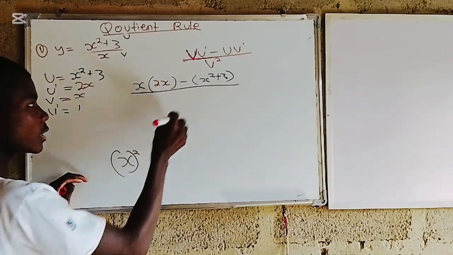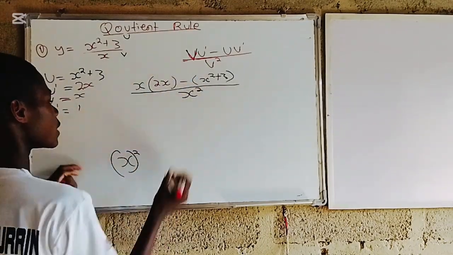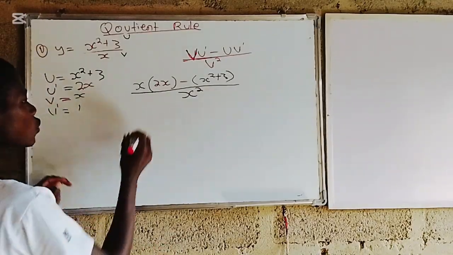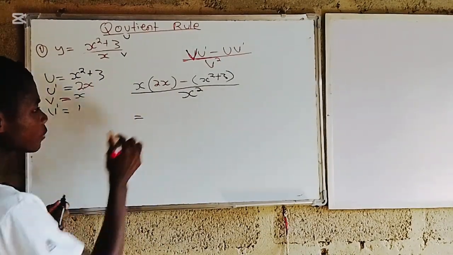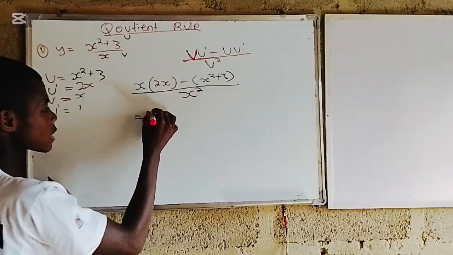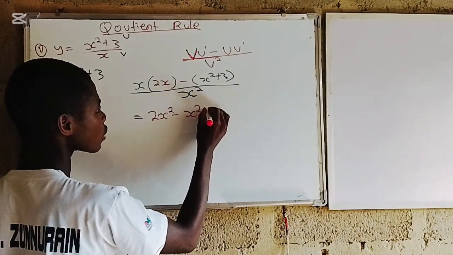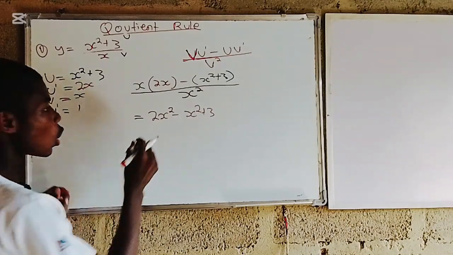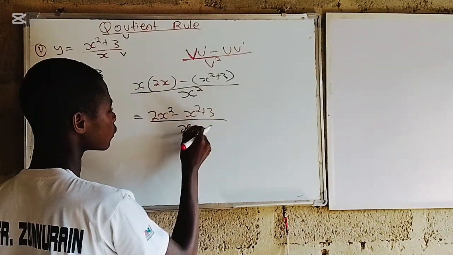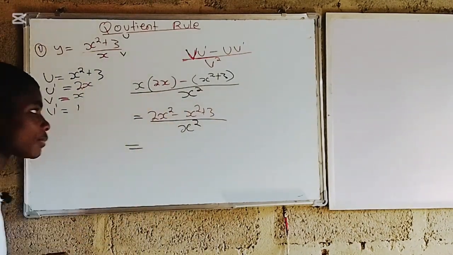So x multiplied by 2x gives 2x squared, minus x squared plus 3, all divided by x squared.